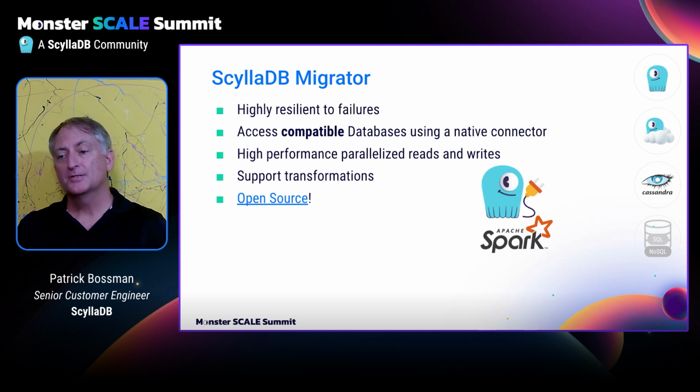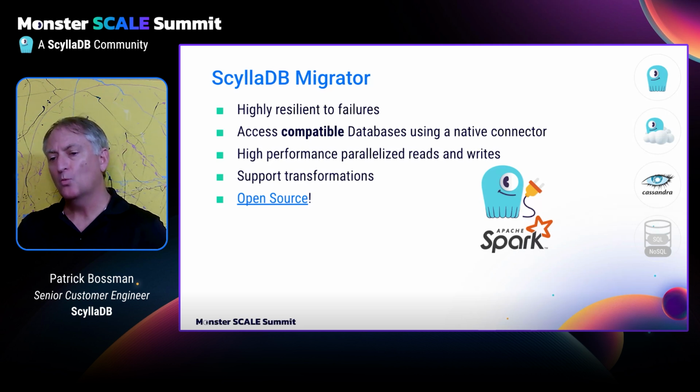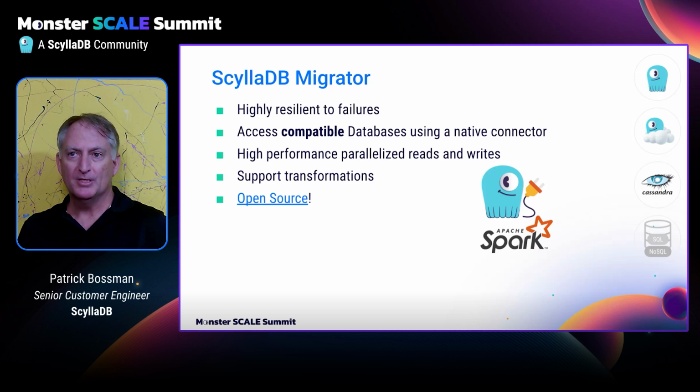And because the Scylla Migrator is based on Spark, it's breaking the work into little chunks of copies to be done. And so if we want it to run faster, then it's simply a matter of adding worker nodes to the Spark cluster that is running Scylla Migrator, and it can process more.